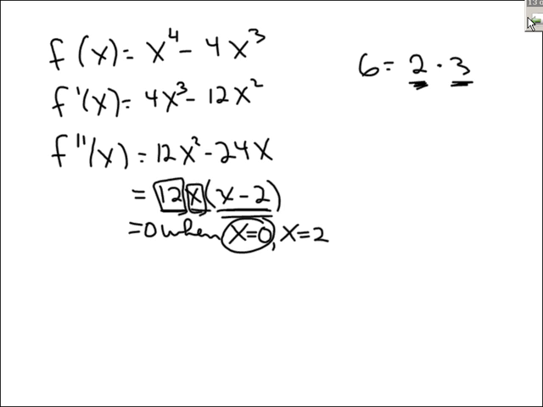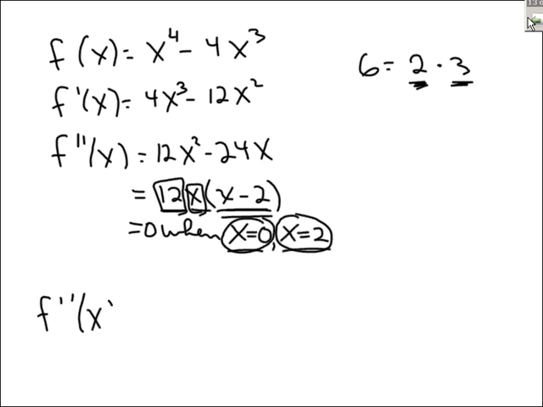That is, these are the possible x values where a point of inflection happens. Nothing else. I guarantee you 17: at 17, you won't have a point of inflection. Maybe at 0, maybe at 2, maybe at both of them, maybe at none of them. The chart will tell us.